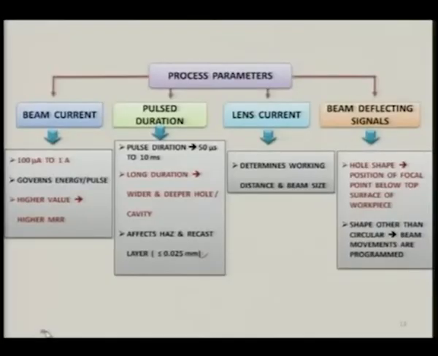Shapes other than circular can be obtained, as I have explained, with the help of the movement of the beam or with the help of the movement of the workpiece table. Now for calculation purposes we need to calculate theoretically what is the material removal rate and what is the specific heat requirement so that a unit amount of material can be melted and vaporized from the workpiece.